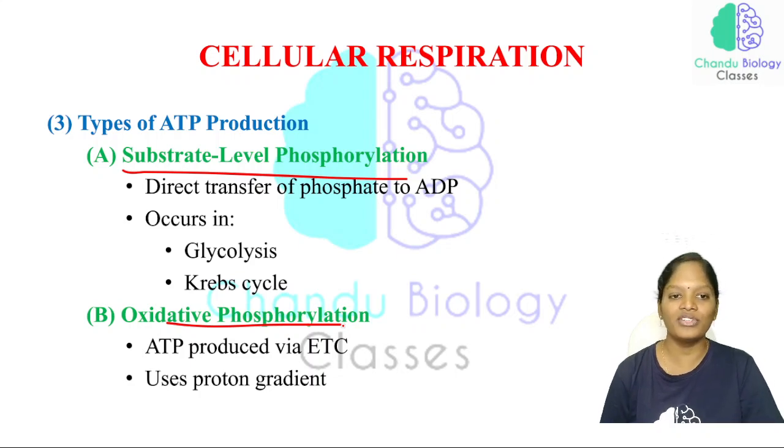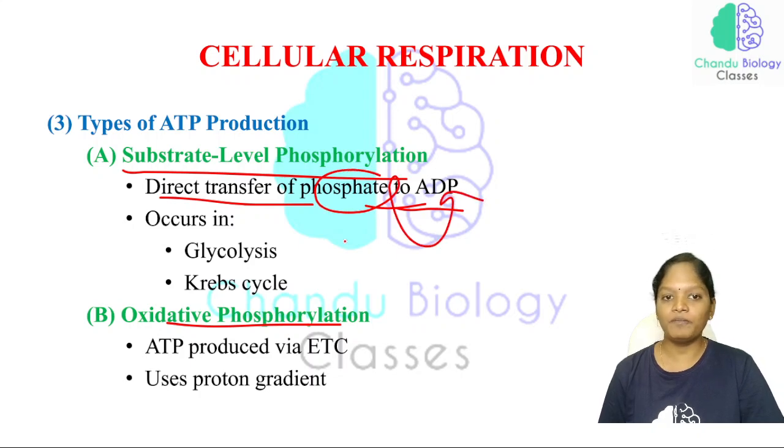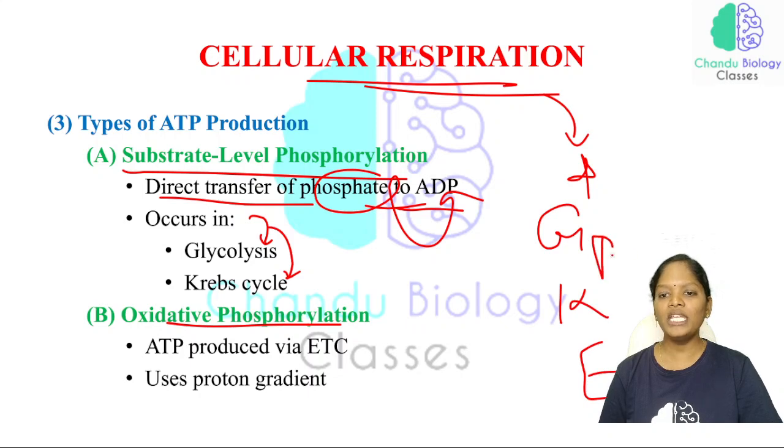Now what is the difference? In substrate level phosphorylation, there is direct transfer of phosphate to ADP. It occurs in glycolysis and the Krebs cycle. See, in cellular respiration we have four important stages: glycolysis, Krebs cycle, electron transport chain, and pyruvate decarboxylation.